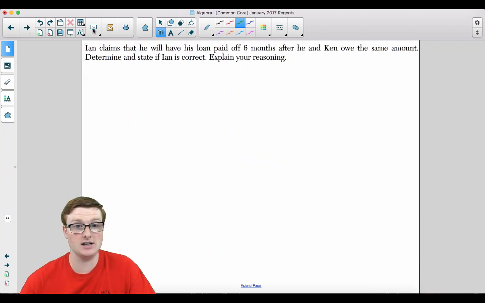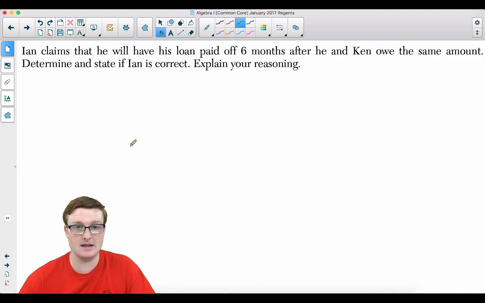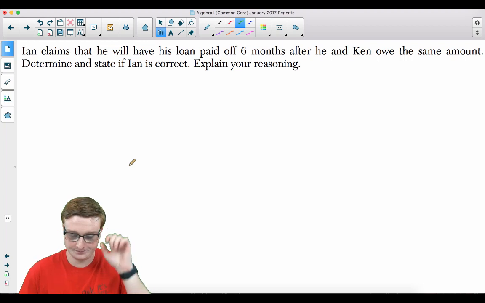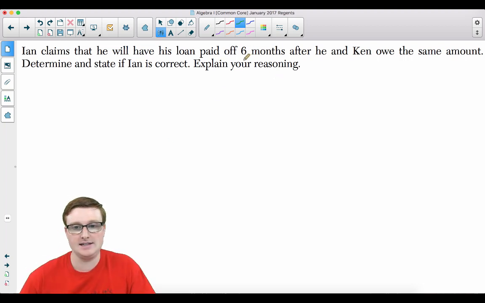That's it. Final question. Here we go. Ian claims that he will have his loan paid off 6 months after he and Ken owe the same amount. Determine and state if Ian is correct. Explain your reasoning. So, 6 months after, that means this.